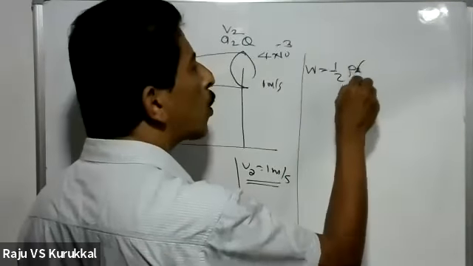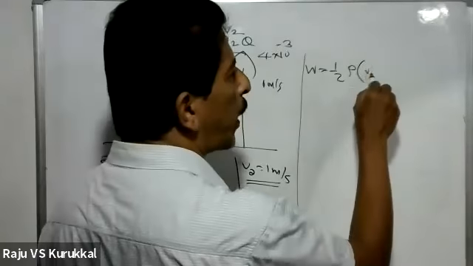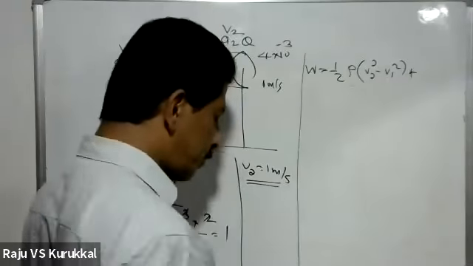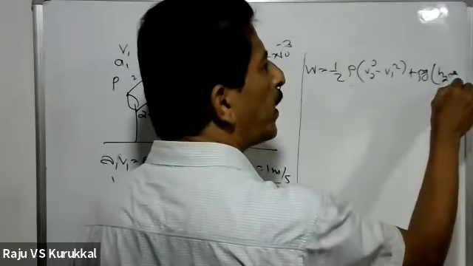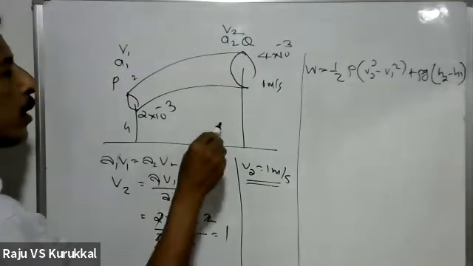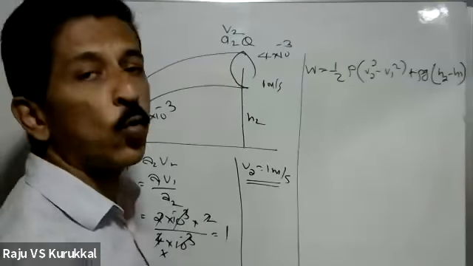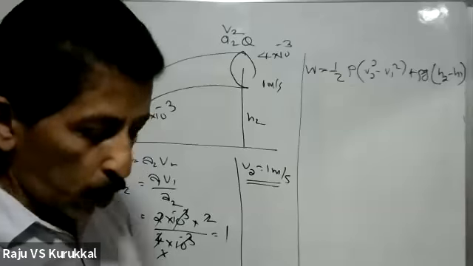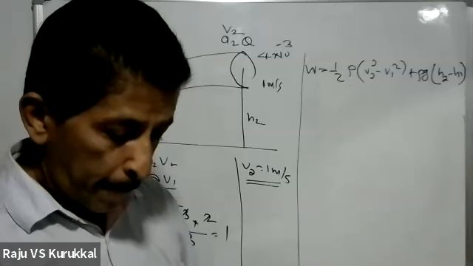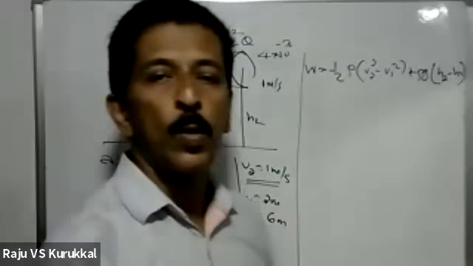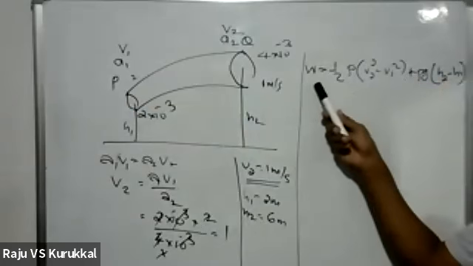Work done W is equal to half into rho into V2 square minus V1 square, plus rho g into H2 minus H1. This is H1 and this is H2. H2 minus H1 is the height difference. Let's see what heights are given. Here 2 meter is given. H1 is 2 meter and H2 is 6 meter. So we just have to substitute.